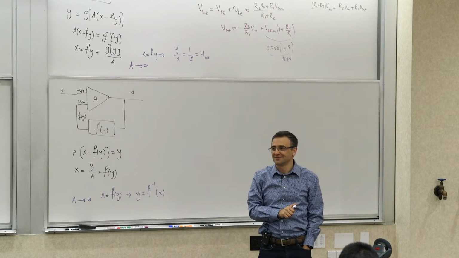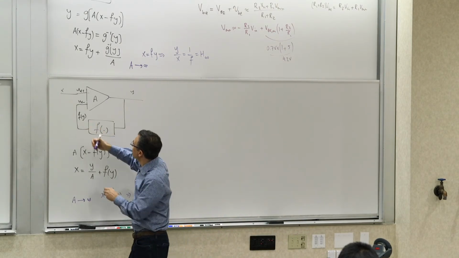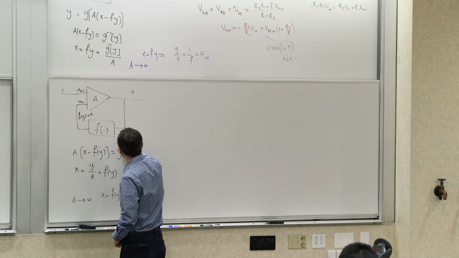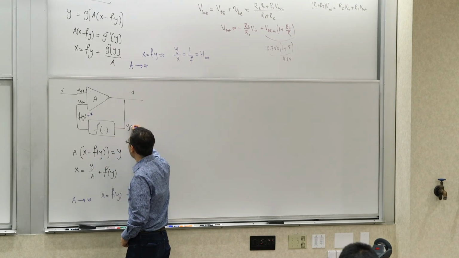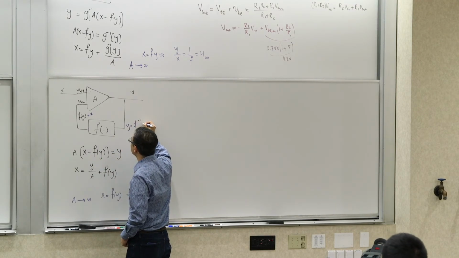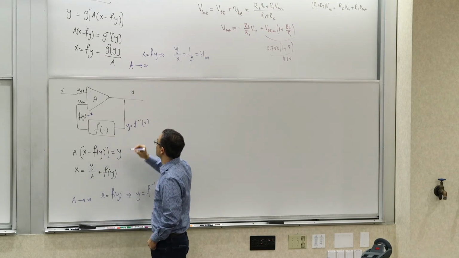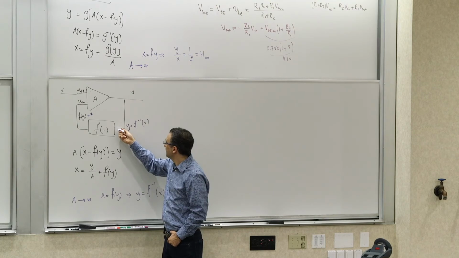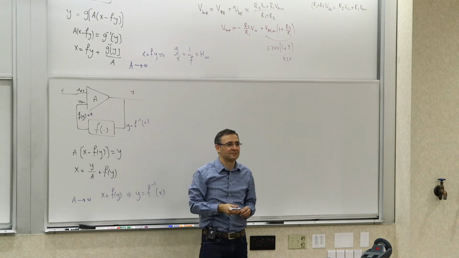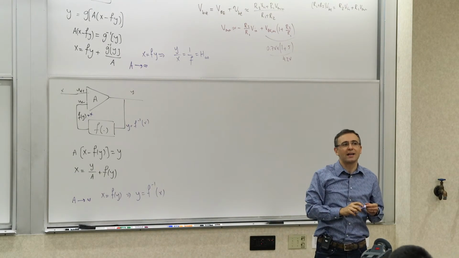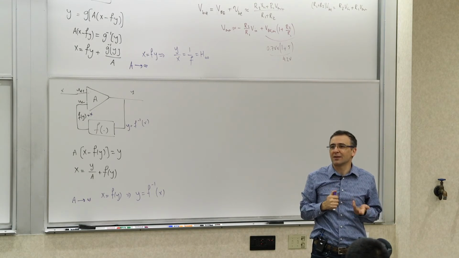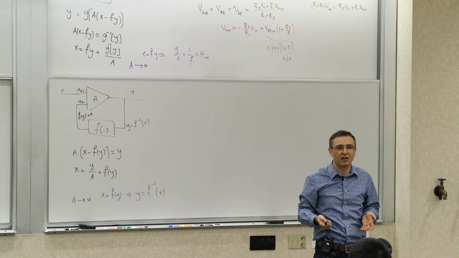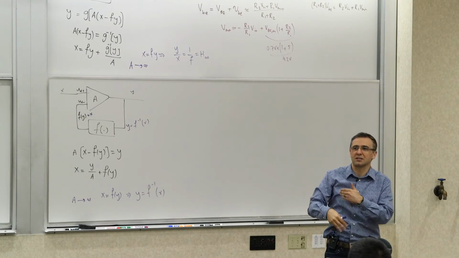So for this to become x, the input here, y, has to be f inverse of x, which happens because the input to the feedback network is the output of the circuit. So that's why it inverts anything you put in there if you have sufficiently large gain. If it's a nonlinear function, it inverts the nonlinearity. If it's a linear function, the transfer function gets inverted.